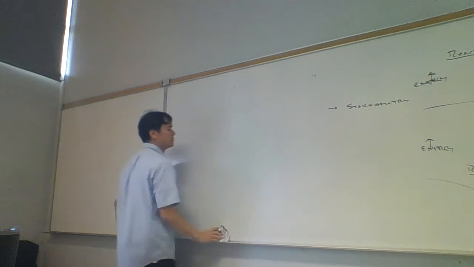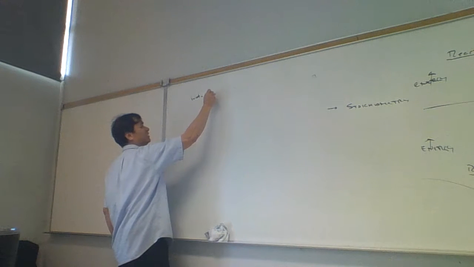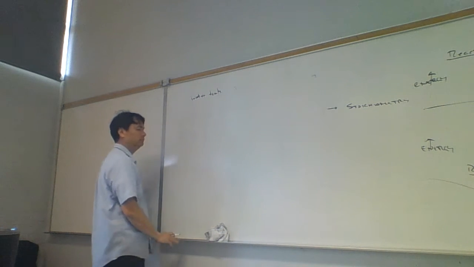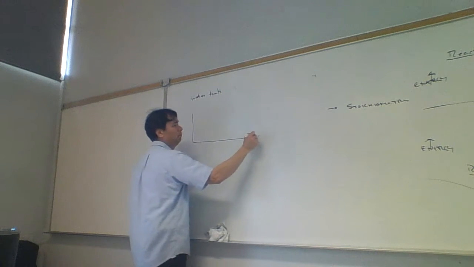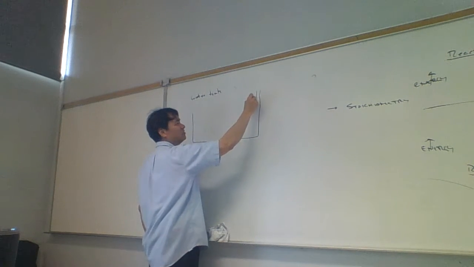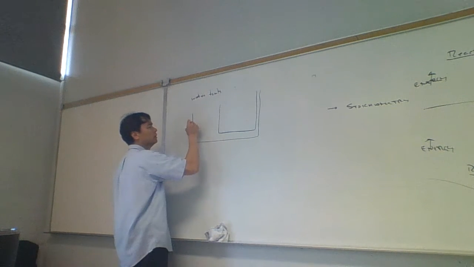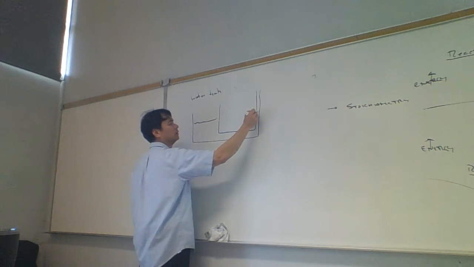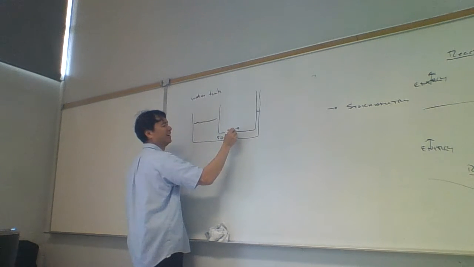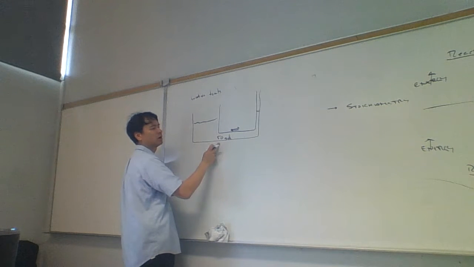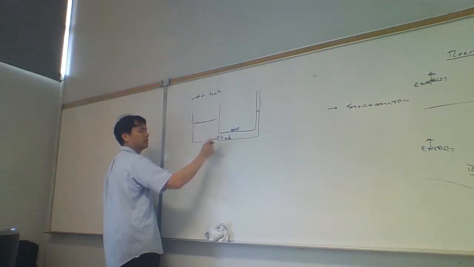And so closed system is you have a fixed amount of water. Let's say I have like 50 gallons of water and I have a tub that looks like this. I draw the double arrow like this because water is free to move from the right tank to the left tank and the left tank to the right tank.